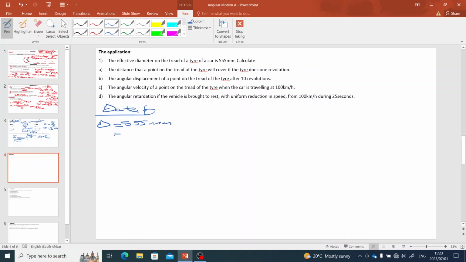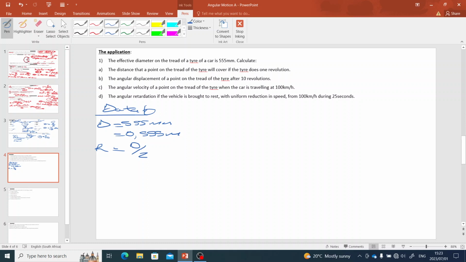In meters, it will be 0.555 meters. Okay. Now, that's what's given. From here, we can then get our radius, which is d divided by 2. That's the only thing given there.